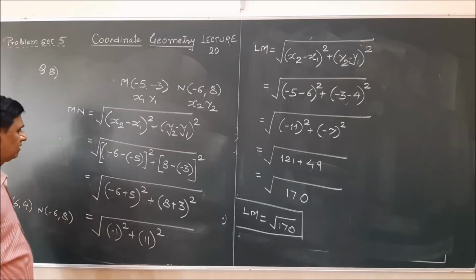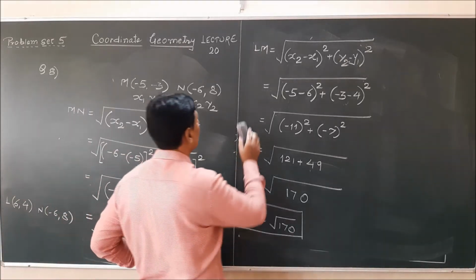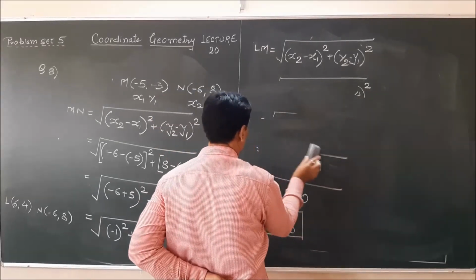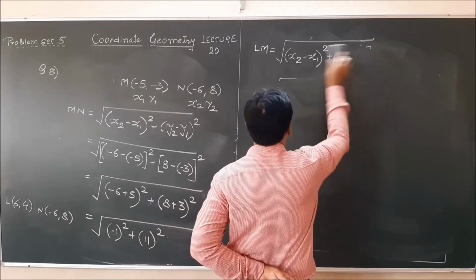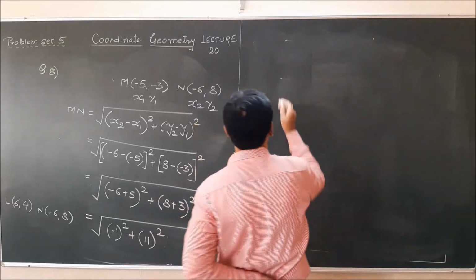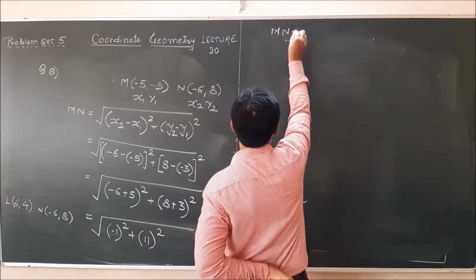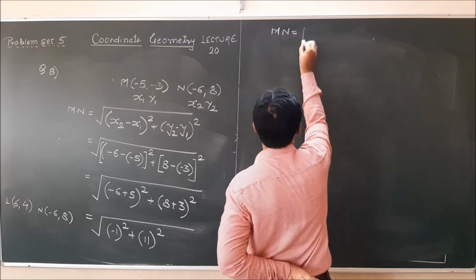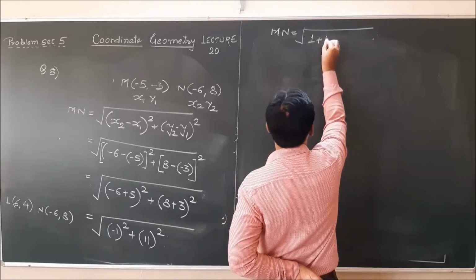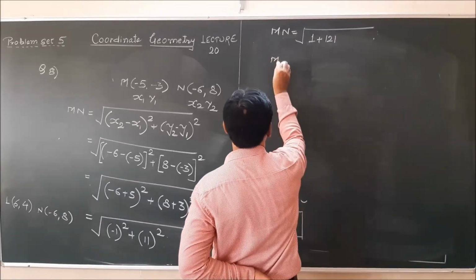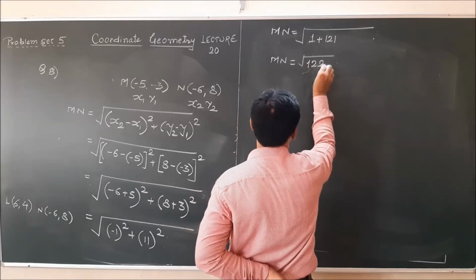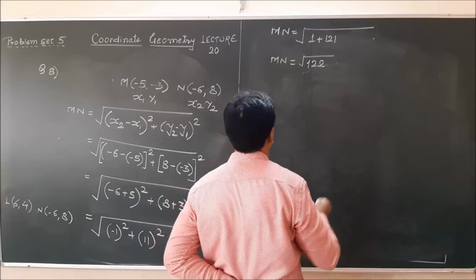So you will get here the value of MN. MN is equal to root of minus 1 square is 1 plus 121, that is, MN is root 122.